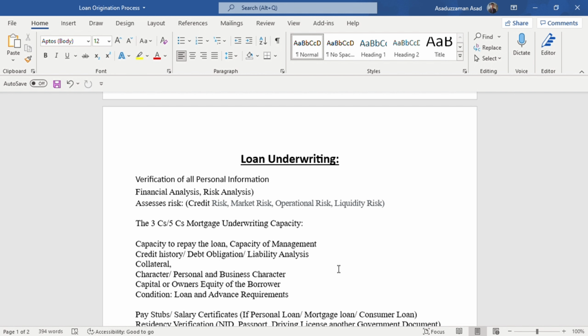The borrower may fulfill the terms and conditions against the loan. If the borrower is able to maintain the terms and conditions against the loan, the underwriter will provide a positive sense against this type of loan.